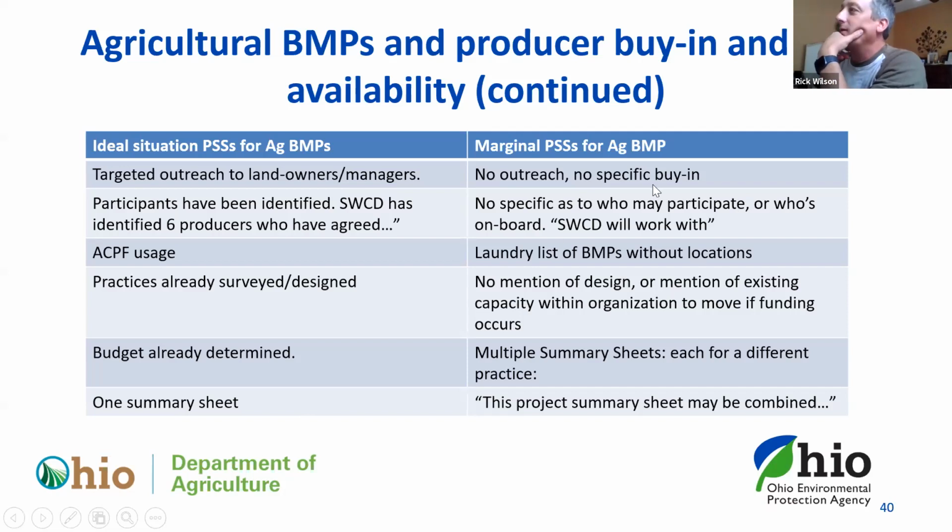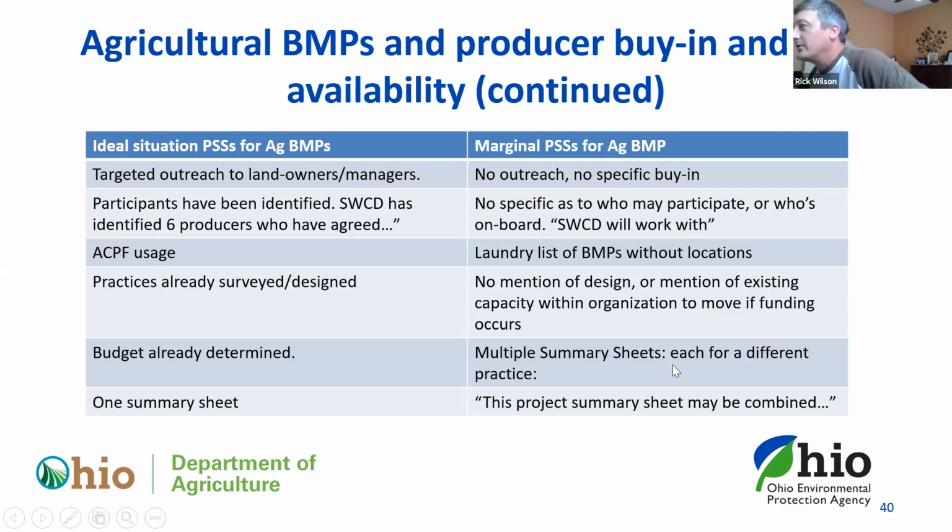versus what we see in others, which is there's no outreach described, no specific buy-in provided. The project summary will say the SWCD will work with. You see a laundry list of BMPs without locations. There's not a mention of design or existing capacity within the organization to move forward once the funding occurs.